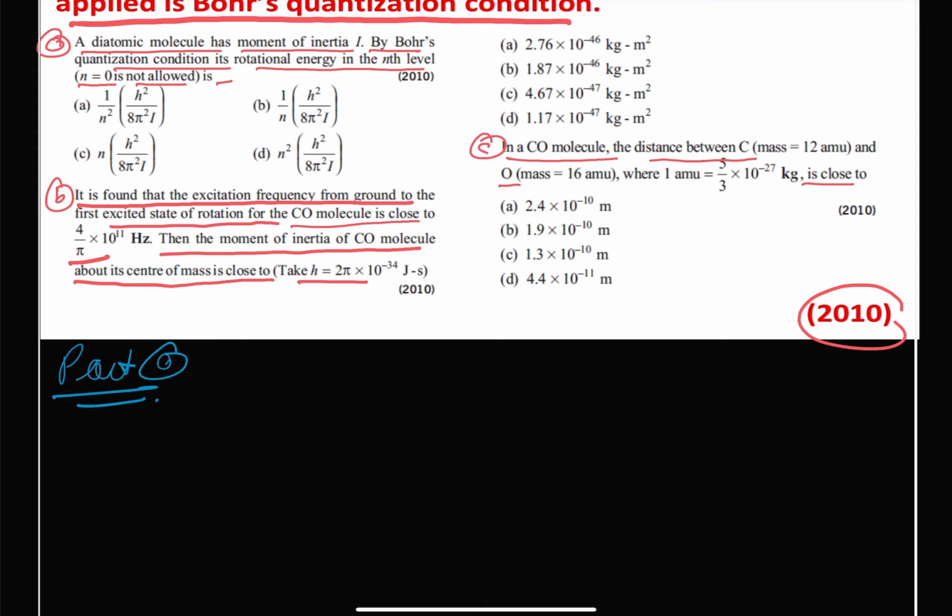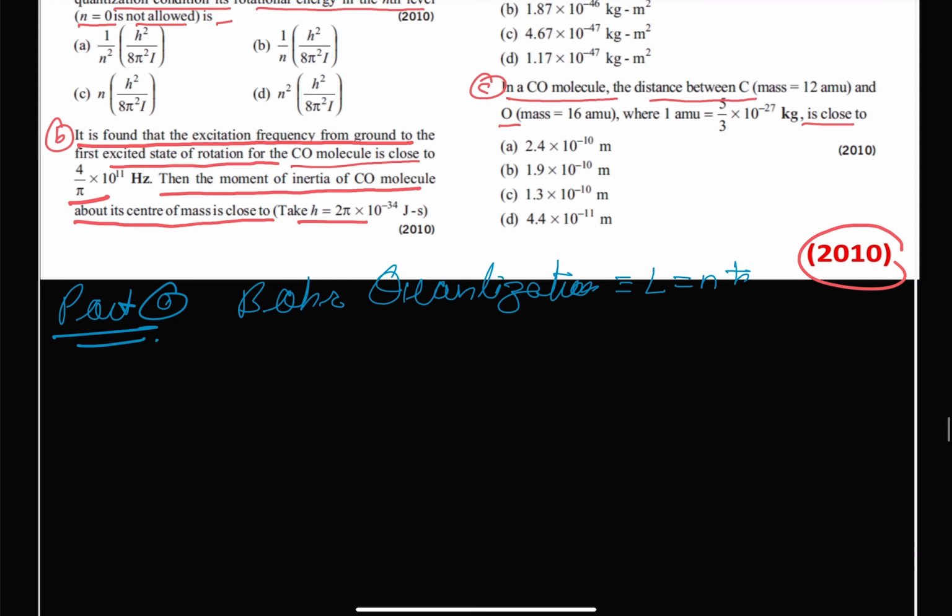In part A, we are going to use the rotational energy using Bohr quantization. And we already know that our Bohr quantization gives us that the value of L is equal to n multiplied by the quantized value of our Planck's constant h. And this can be written as L is equal to n h upon 2 pi.